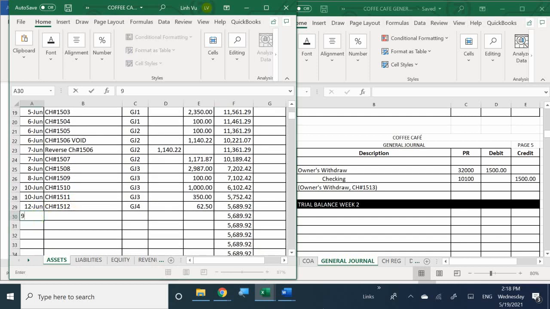So in this case, it is now 6/14. I used check number 1513, General Journal 5 this time, and I'm taking $1,500 away, leaving the bank account with a mere $4,189.92 left in my bank account.